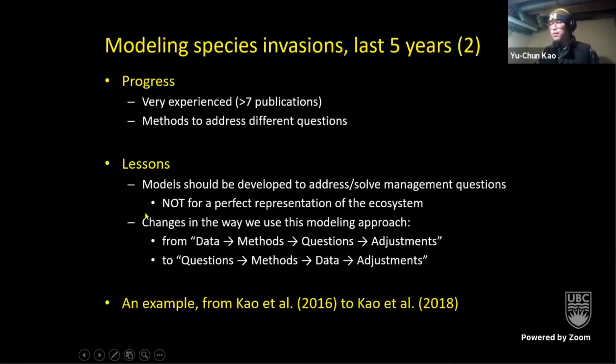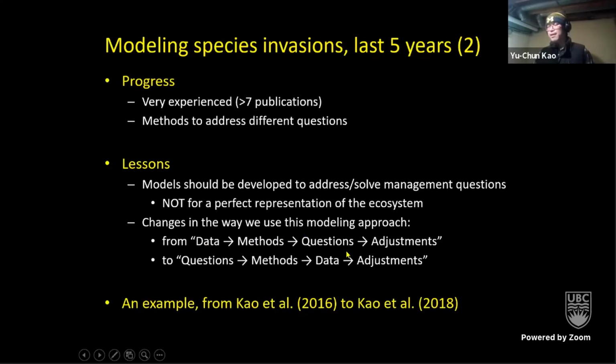The lesson we learned is that the first thing you want to think about is whether you have to deal with these, and whether you can actually simplify your model so that the whole thing can be simpler. Our general approach at the beginning, around 2010, was to start with what data we have and build a method.